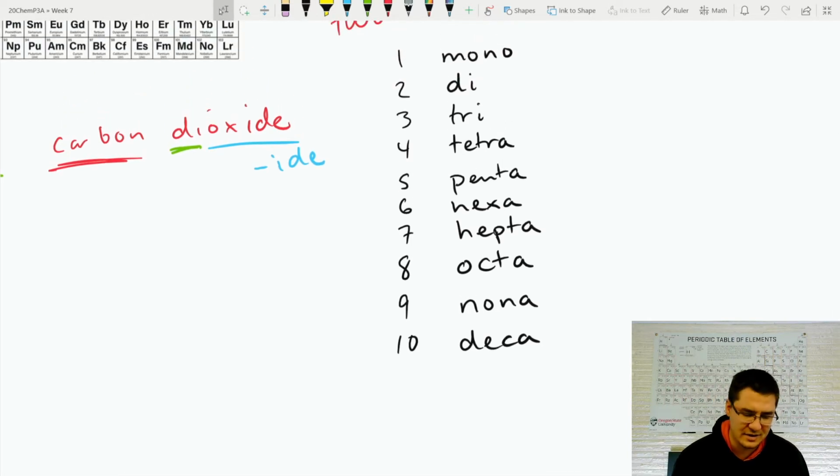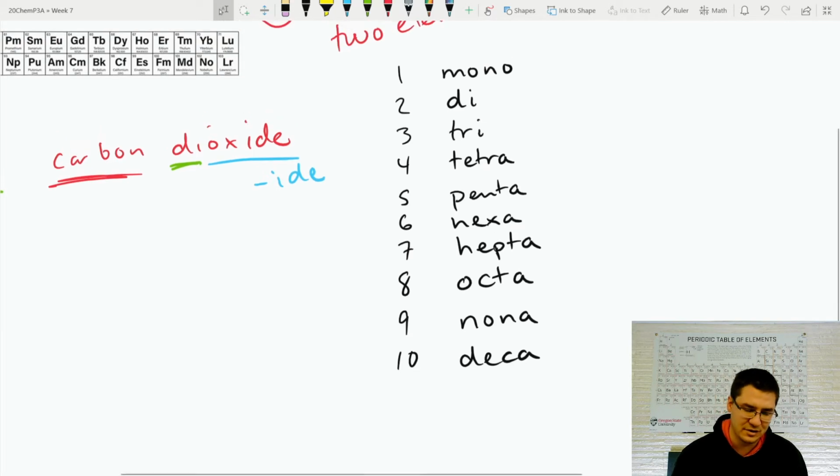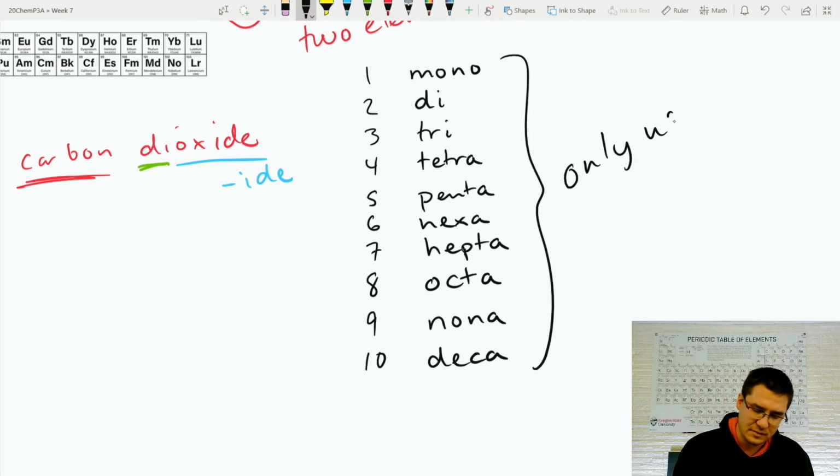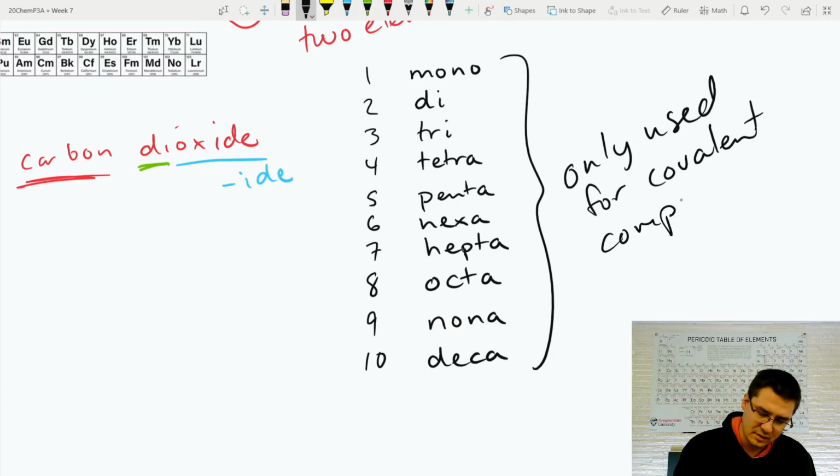Now there's certain cases where we use them, certain cases where we don't, and then there's some modifications to them throughout. So I'm just going to go through a series of examples. So just remember, these prefixes are only used for covalent compounds. Okay.